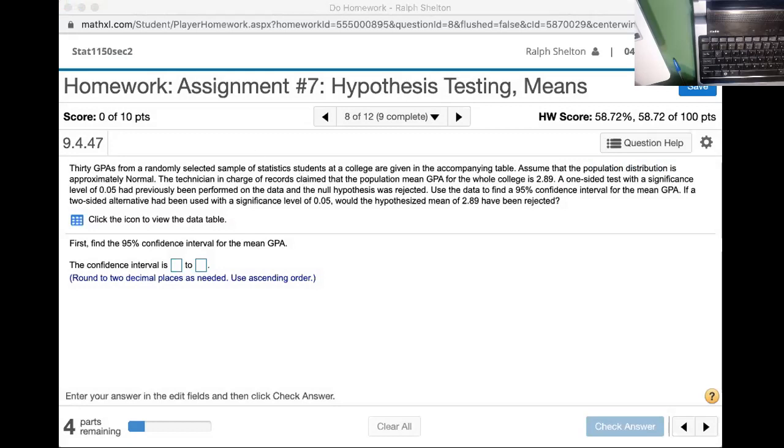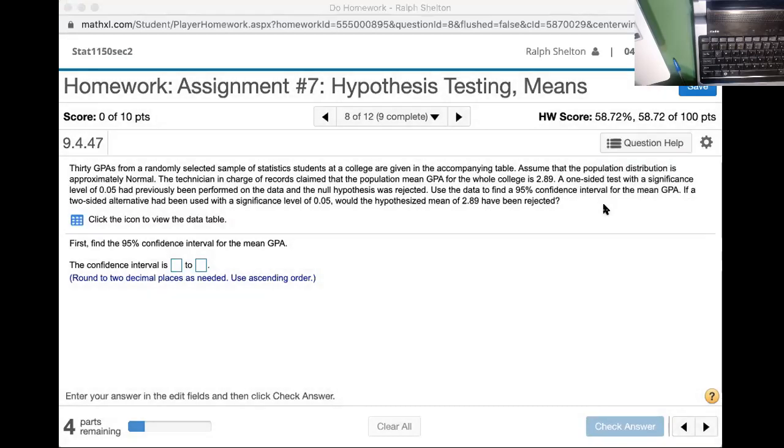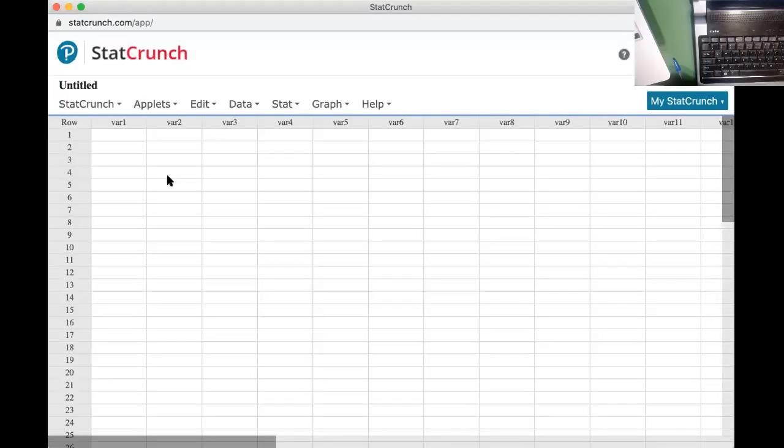So we've got to try it again until it complies with our wishes. Okay, good, it's loading. So let me stop share, reshare. Now let's go into StatCrunch. Okay, good.